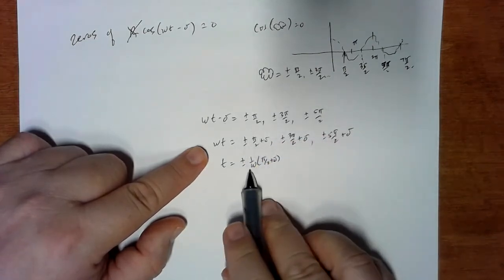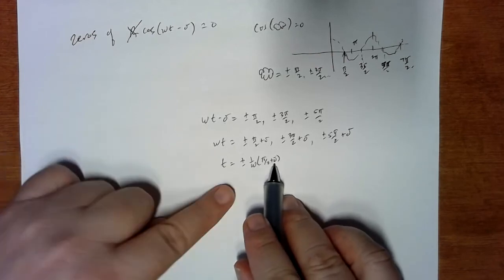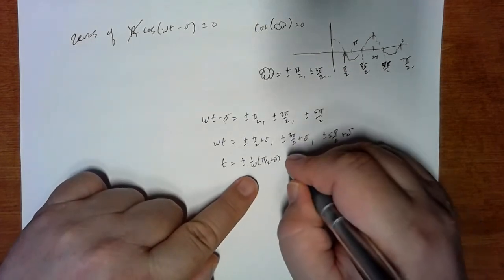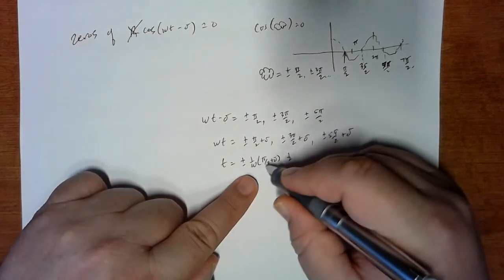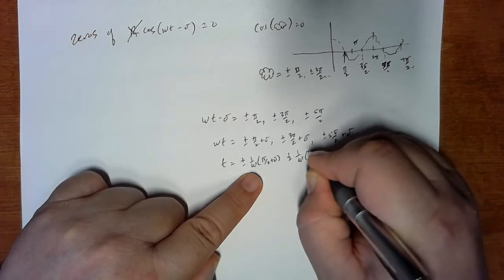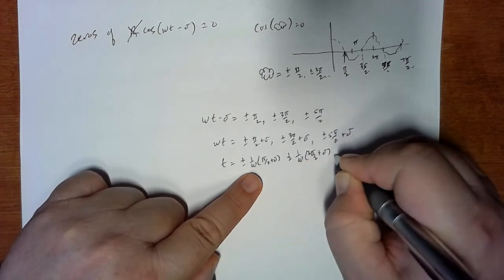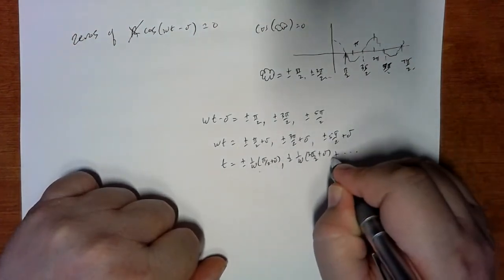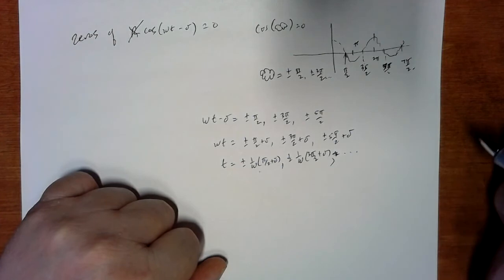And so you can see that the zeros shifted by delta over omega, but they also got scaled. 3 pi plus delta, and so on. Okay, so that's an easy way to get your zeros.